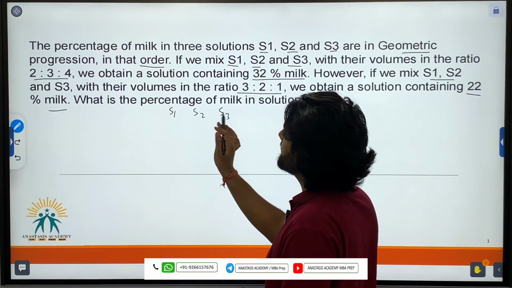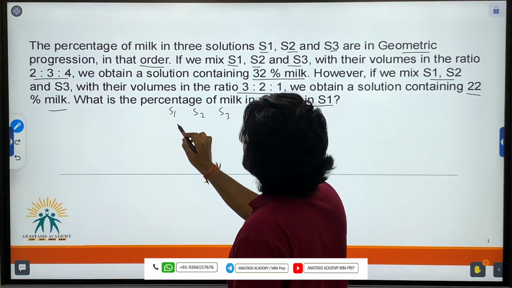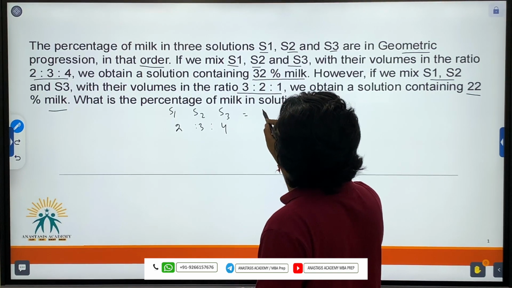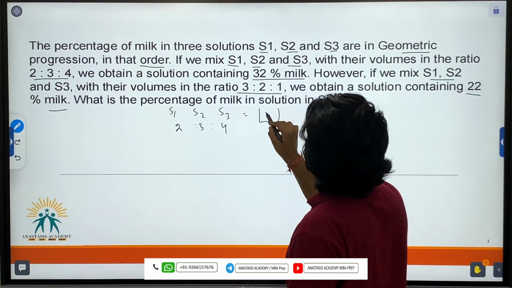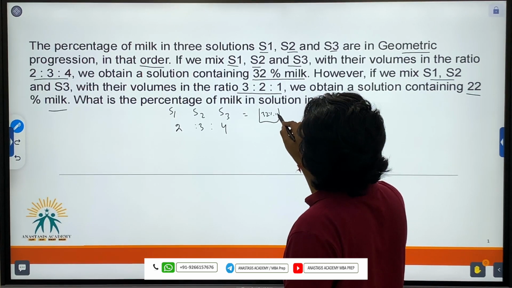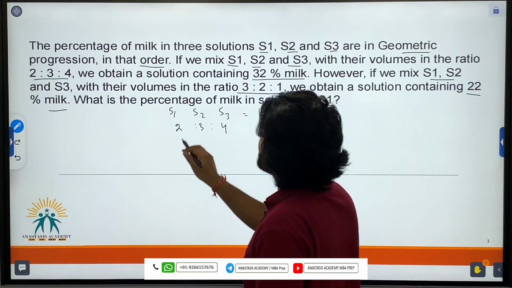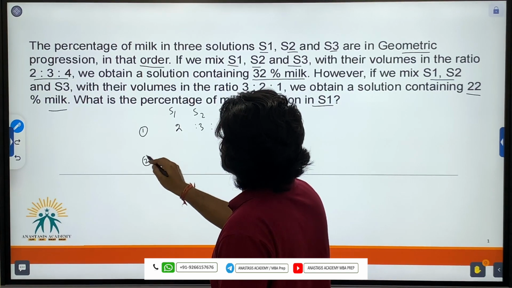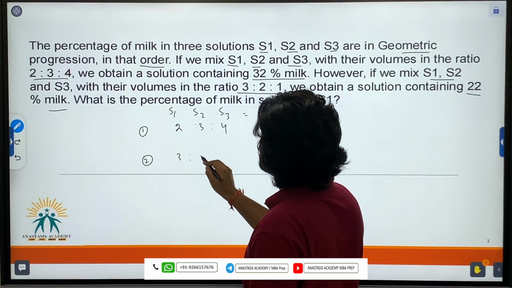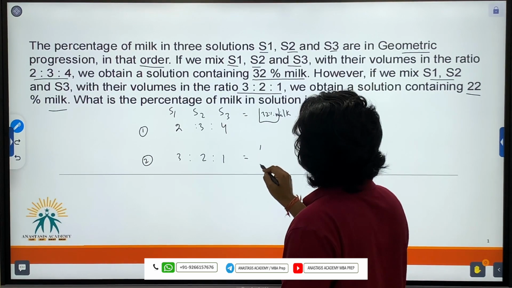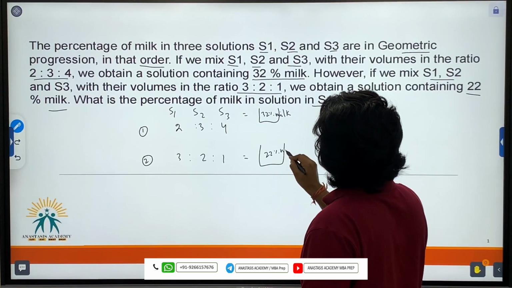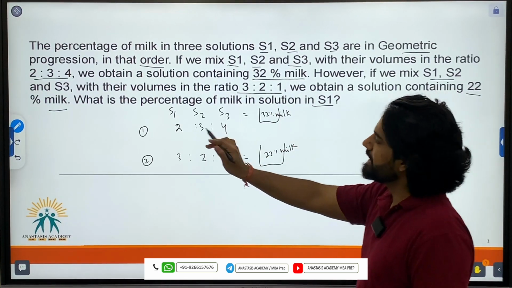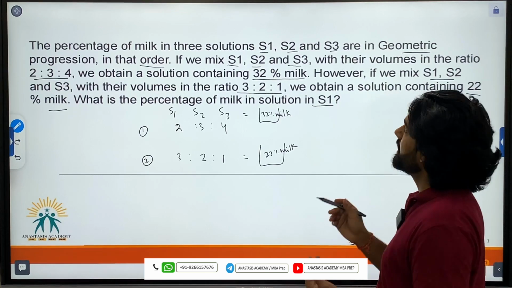If these are mixed in the ratio 2:3:4, I'm getting a solution in which there is 32% milk. And in the second case, when these are mixed in the ratio 3:2:1, I am getting a solution having 22% milk, right? It is given, and the percentage of milk in these solutions are in GP.